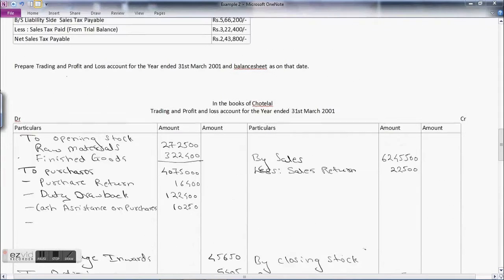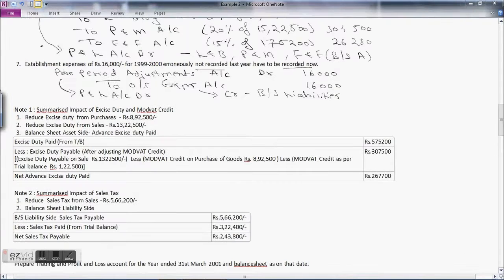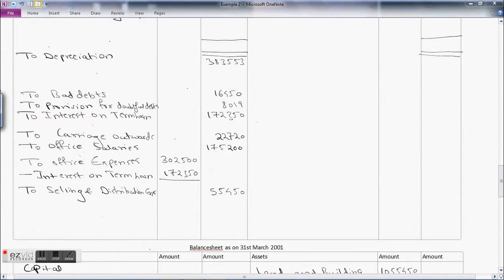Okay, now the next one. Next is establishment expense of last year are not recorded. So prior period adjustment account debit to outstanding expense. So one effect will go to your profit and loss account debit side, to prior period adjustment 16,000.